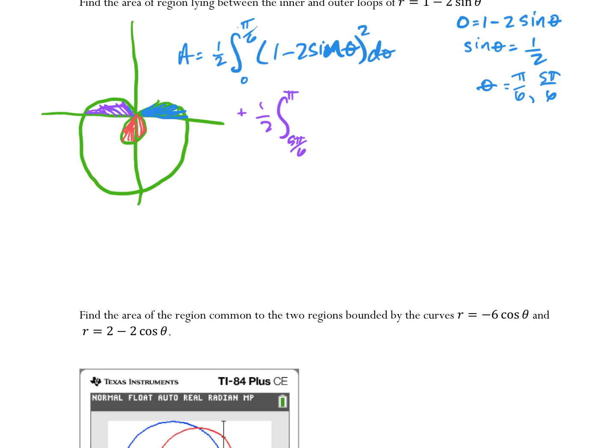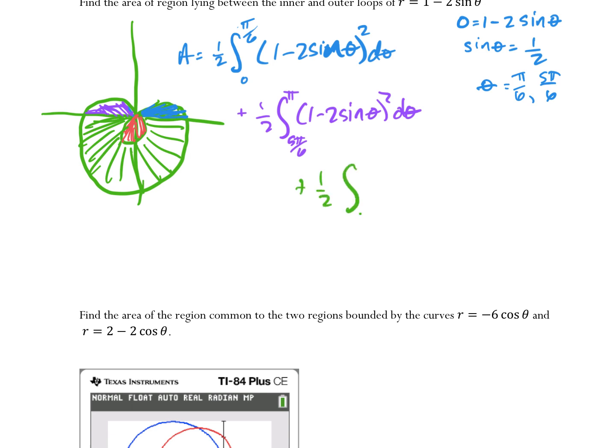But then when I try to get in the rest of this area, oh, we got to finish this out. 1 minus 2 sine theta squared d theta. When I try to add in this green area, okay, I would do 1/2. That green area would go from pi to 2 pi. Okay, but I have to take that red area away because that green area goes all the way to the origin and we're not including that.